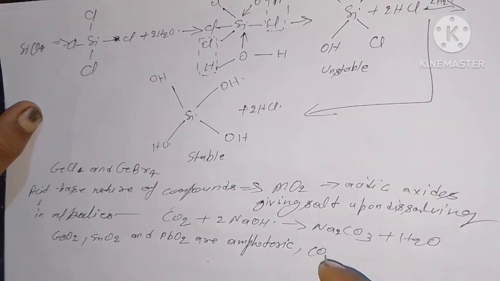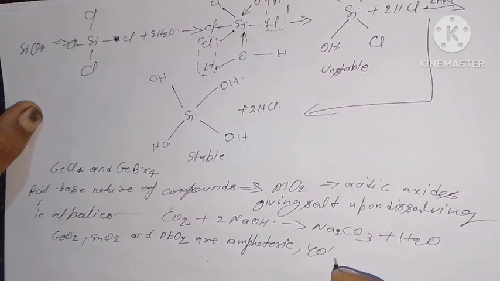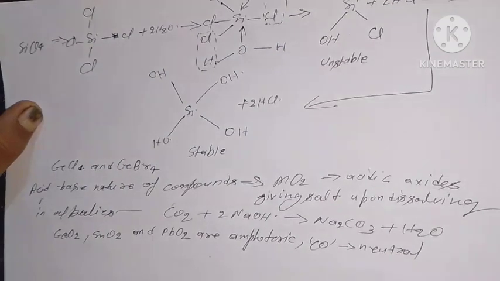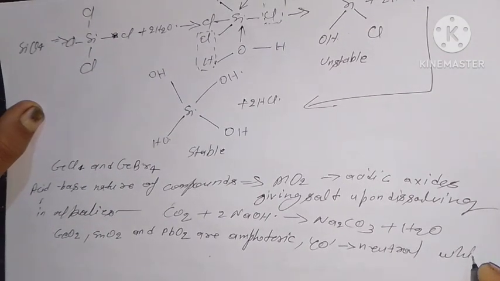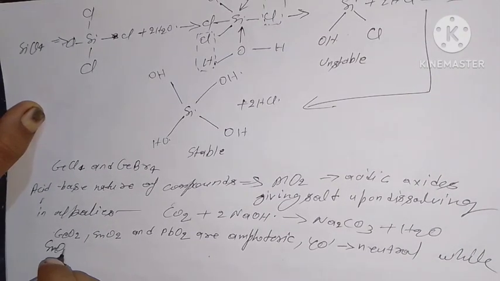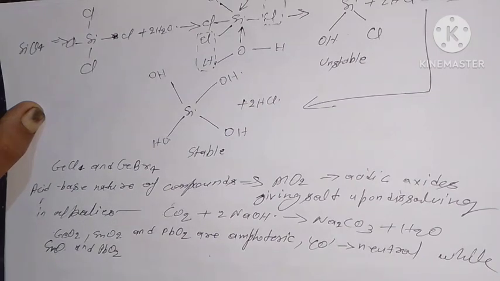Carbon monoxide is neutral, while stannous monoxide and lead monoxide are amphoteric.